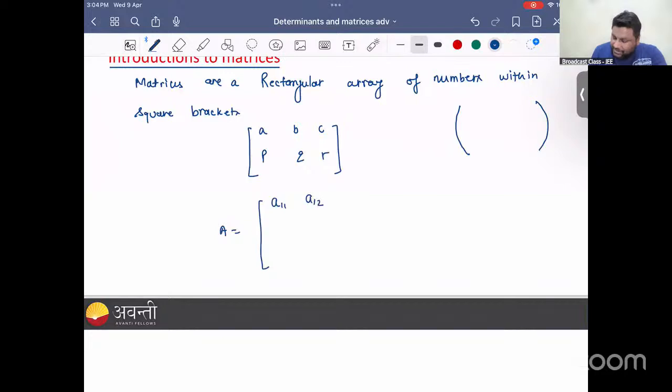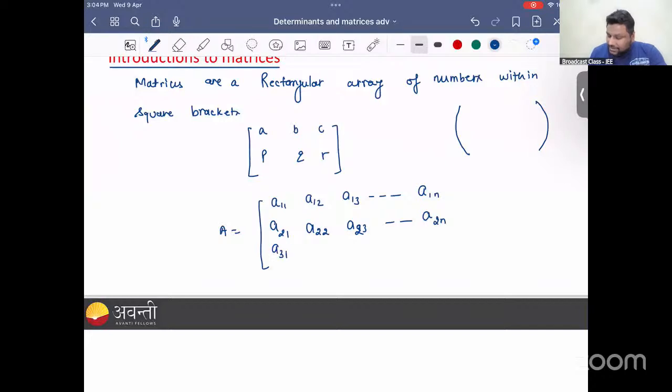A11, A12, A13, and so on, A1n. Then A21, A22, A23, A2n.